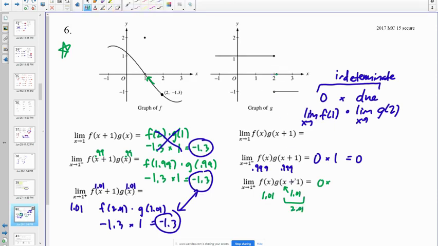The limit of g of 2.01 coming from the right of 2 is actually -1. So this answer is 0. Since this is 0 and this is 0, then this answer is 0 also. We wouldn't use the first method. We'd actually use this method, which is a more accurate way to do this problem.